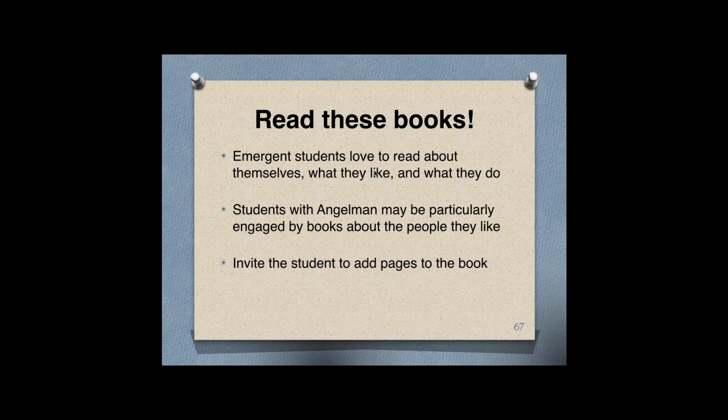So if we even just make very short 4, 5, 6-page books about things our child likes, over time we can add additional pages. Over time we can say, oh wow, now that you've gone surfing, you really like surfing. Let's add surfing to your I like book, the things I like to do book. And we might see more participation over time as we add pages to the same ones.